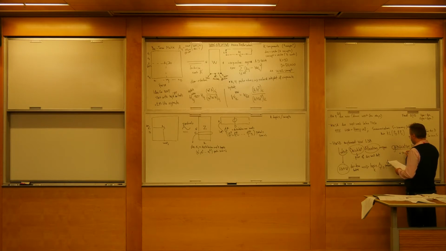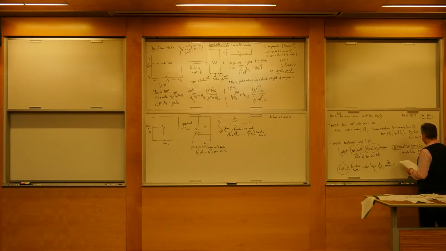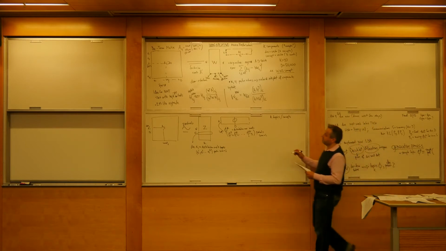So sample topic by K, it's the sample probability from that matrix phi.